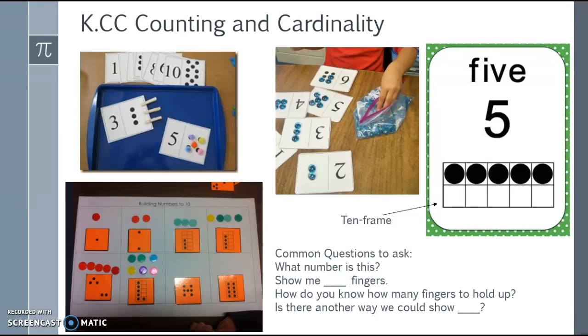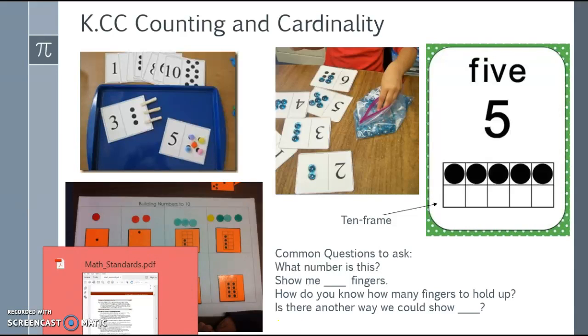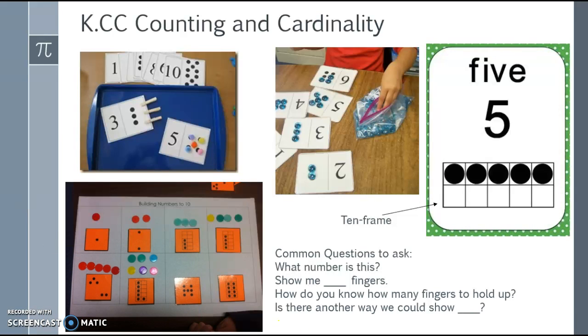On the bottom left here, we've got 5 dots, and then we have 5 chips lined up along the top. Is there another way we can show 5? Maybe they might bring the puff balls, etc. Asking and repeating the same questions, just asking differently and about different properties of numbers, is key to kindergarten.